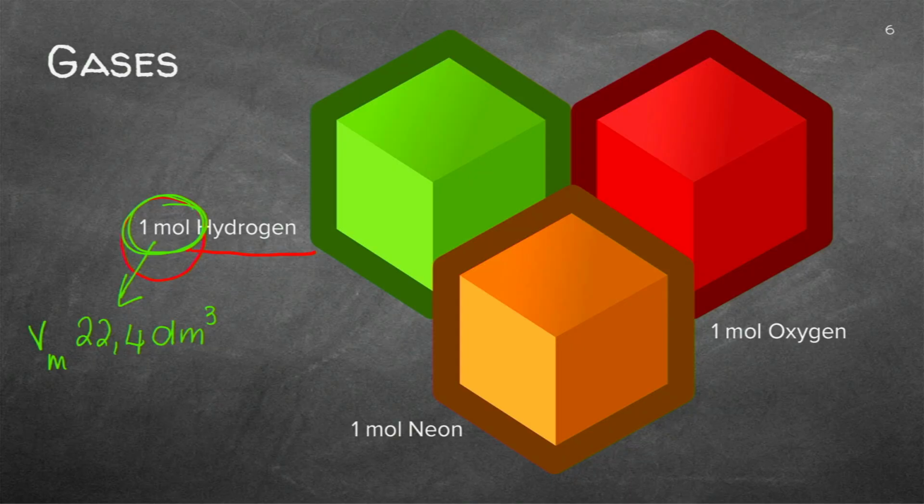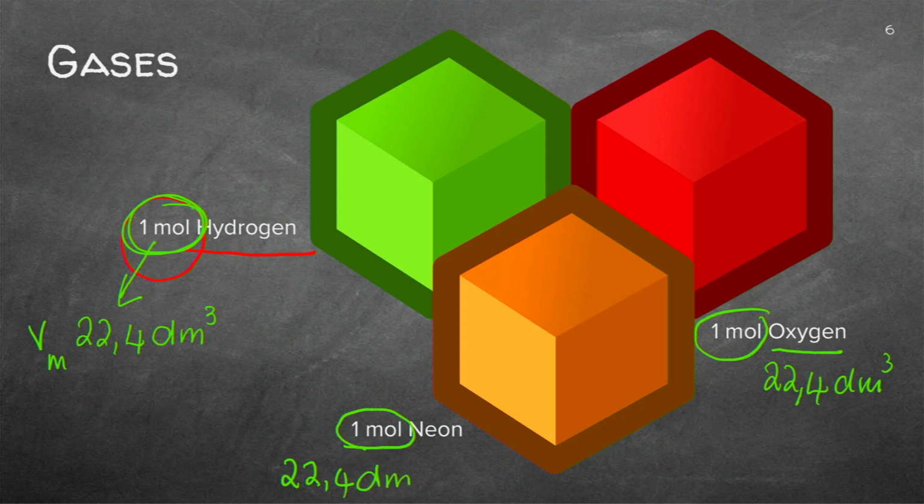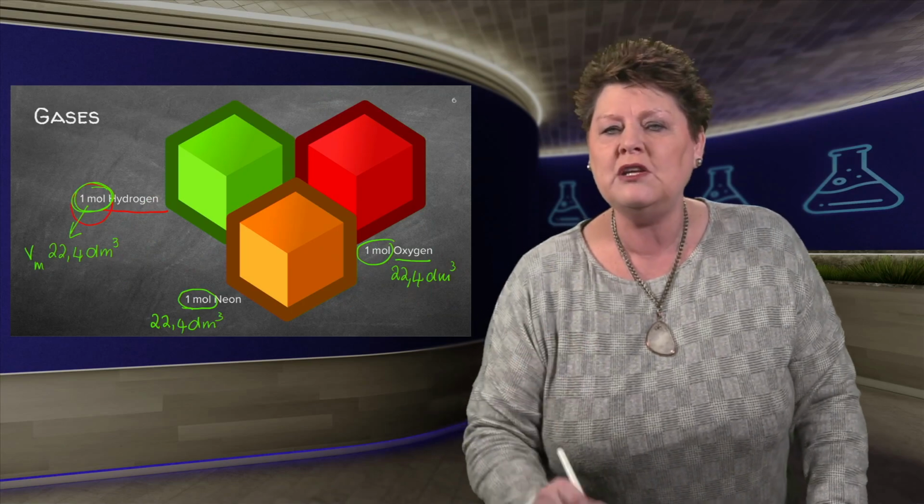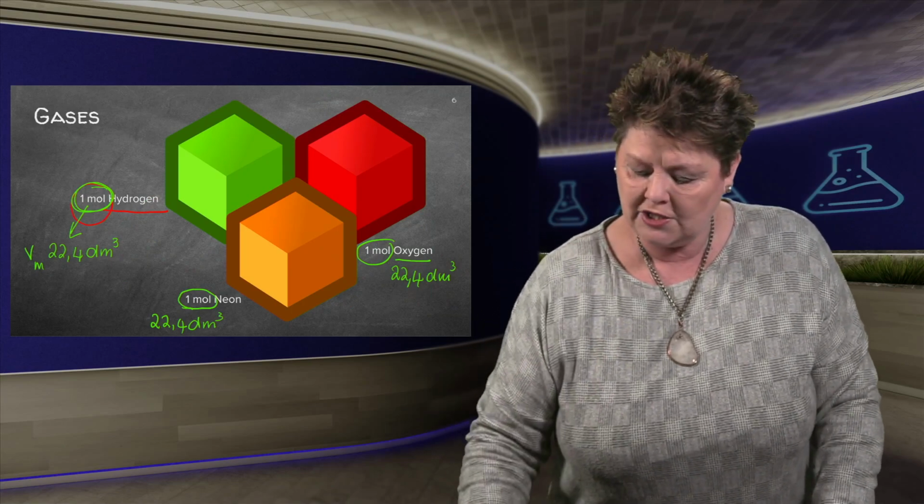The same volume will be 1 mole of oxygen, 22.4 cubic decimeter. And exactly the same 1 mole of neon, 22.4 cubic decimeter. It's a constant, it's on your information sheet, and you need to be able to do calculations with it.